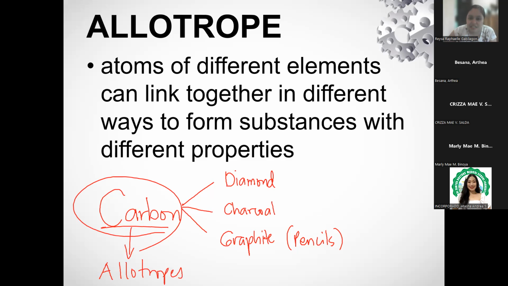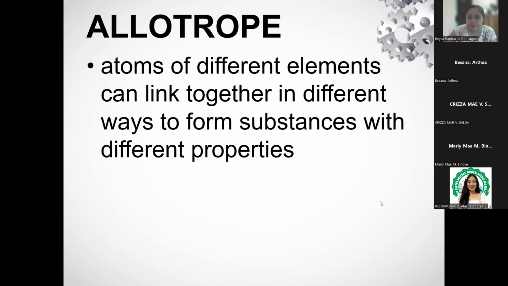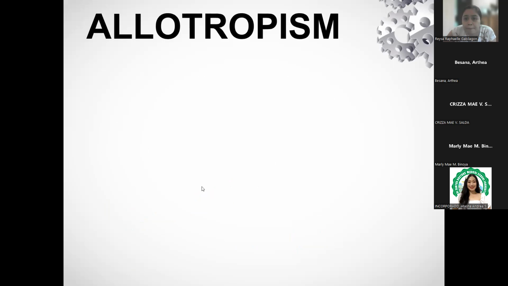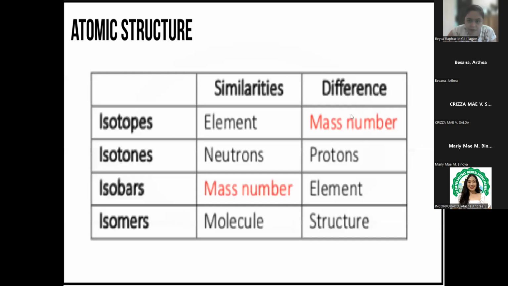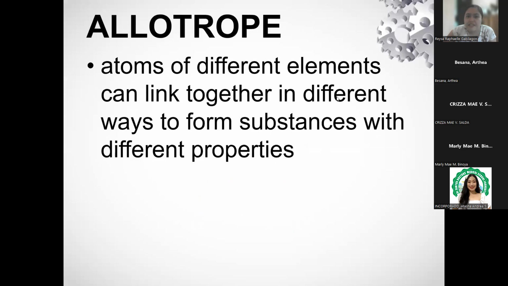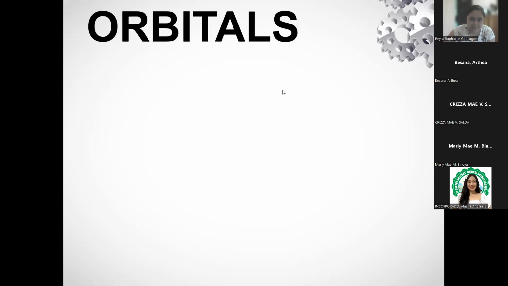Allotropes are different from isotopes. Isotopes are still the same element, but they have different mass numbers. Allotropes are still the same element, but they have different forms, different appearances, and different properties.